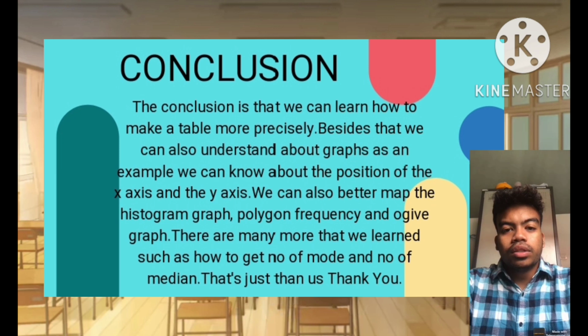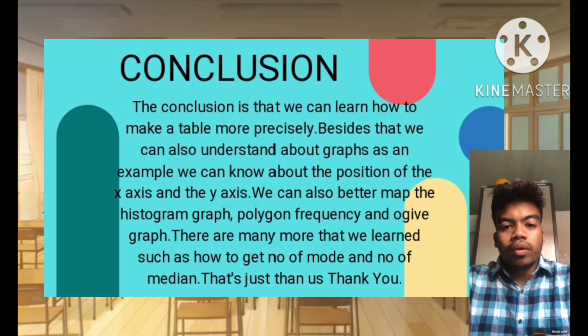Conclusion. The conclusion is that we can learn how to make a table more precisely. Besides, we can also understand the graphs as explained. We can know about the position of the x-axis and the y-axis.